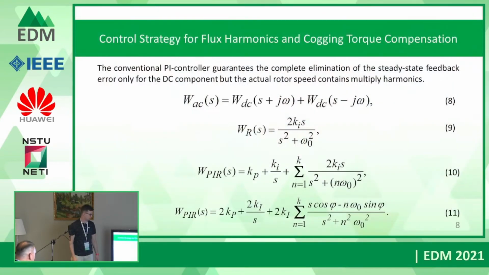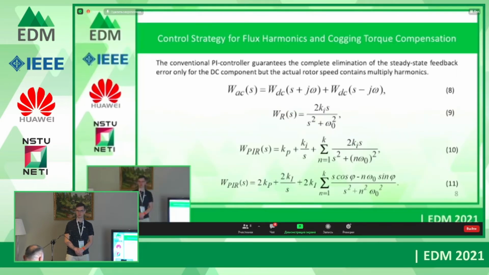Wait a minute. Here the resonant gain is also adjusted as a doubled integral gain, as described on that slide. That's why I use the same description as the integral gain. So K sub I is the same gain in the integral part and in the resonance part. Yes, the resonant gain is a doubled integral gain.